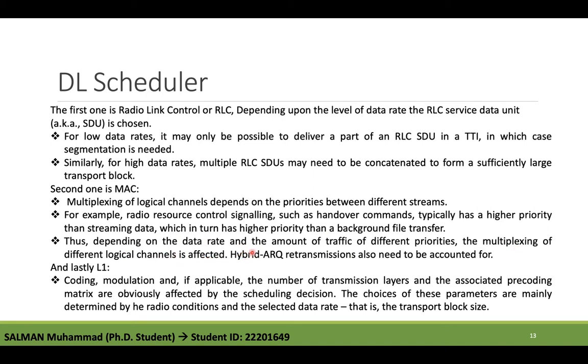But please remember that hybrid ARQ transmission also needs to be accounted for. And finally, the L1 coding, modulation, and if applicable, the number of transmission layers and the associated precoding matrices are obviously affected by the scheduling decision. The choices of these parameters are mainly determined by the radio condition and the selected data rates, that is, the transport block size.